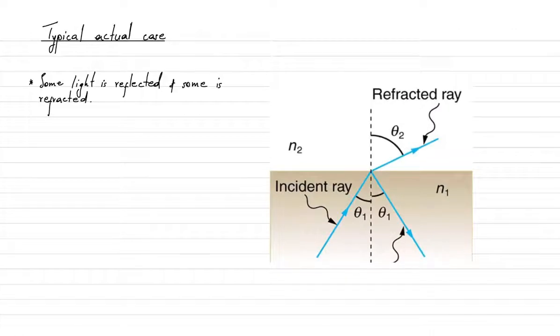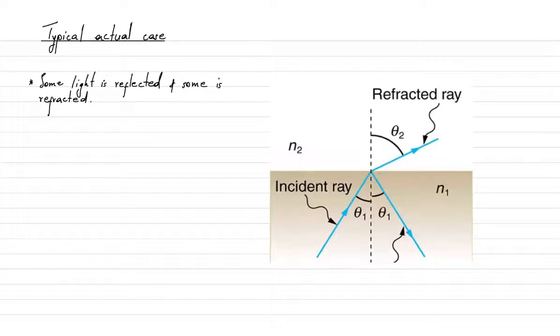Now, thus far, we have been treating refraction alone. But in real life, the actual case is that whenever light is traveling and it changes medium, typically it's not that refraction is the only thing that happens.